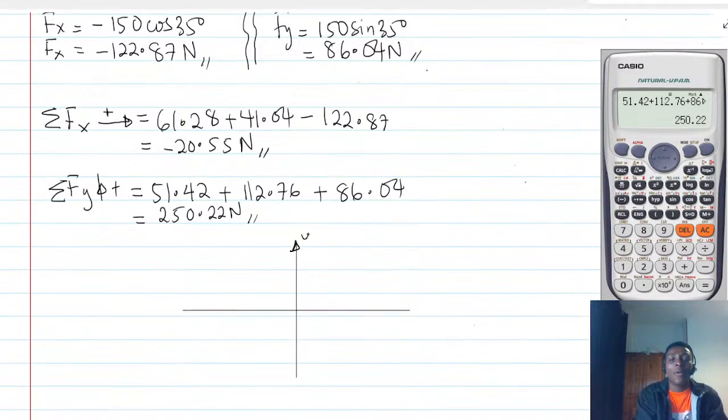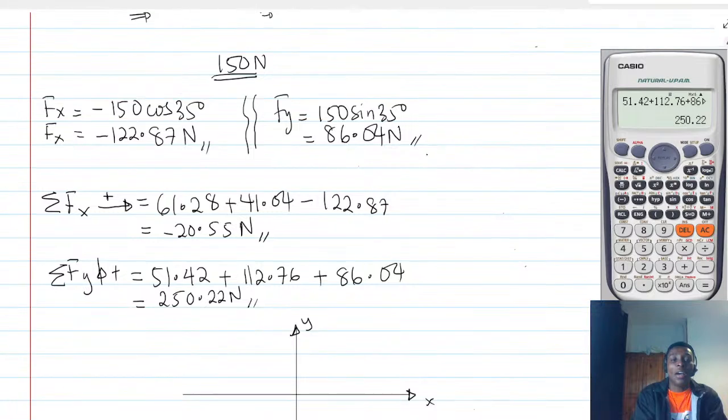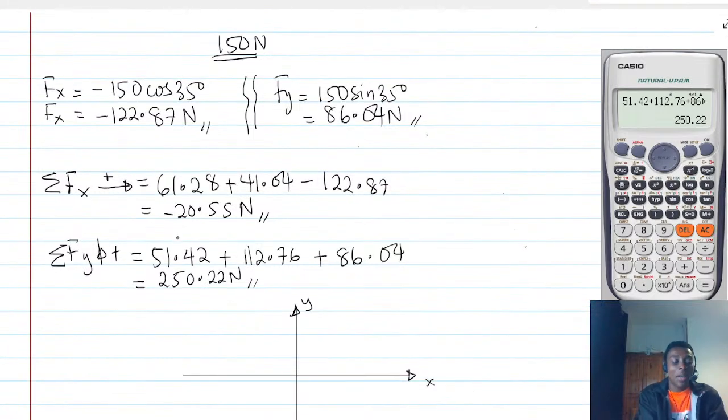Now we know that our y-axis is here, and then we have our x-axis, isn't it? Now, the x component is minus 20.55, isn't it? So I'll go to the x component, then I'll come here. So minus 20.55 is somewhere along here, because this is the opposite of the positive x.